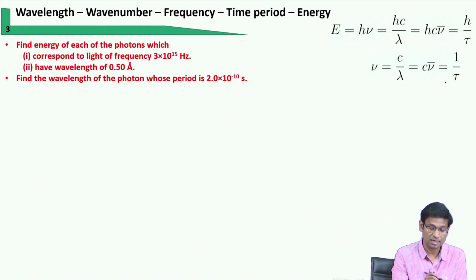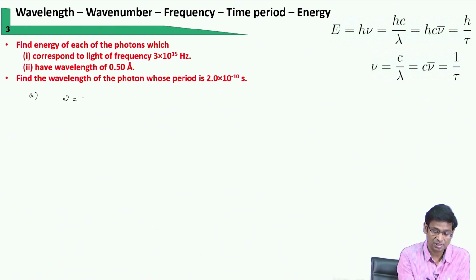So, let us look at this question. The first one: find the energy of the photon which corresponds to light of frequency 3 into 10 to the power 15 hertz. The question gives us nu equals 3 into 10 to the power 15 hertz, which is also second inverse. So, what is the energy?